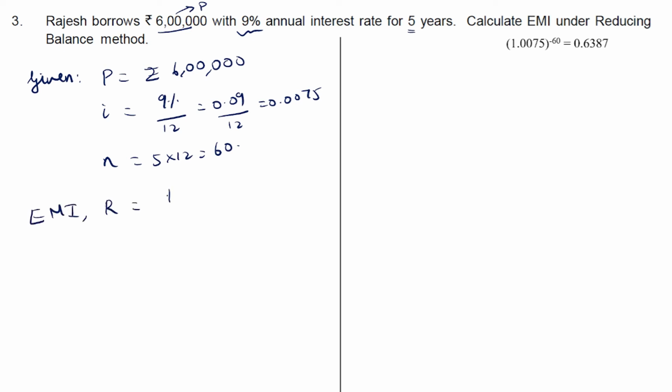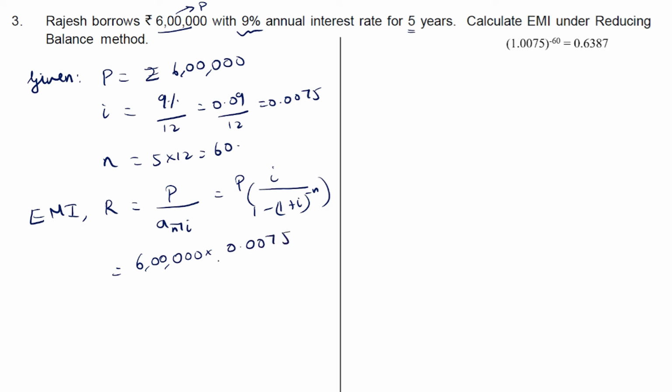EMI R is equal to P upon A angle N at I rate per period, which is P into I upon 1 minus 1 plus I the whole raised to minus N. P is 6 lakhs, I is 0.0075, upon 1 minus 1 plus 0.0075 the whole raised to minus 60. N is 60. Now if we substitute for 1.0075 whole raised to minus 60 and simplify, we will find the answer for EMI or R.